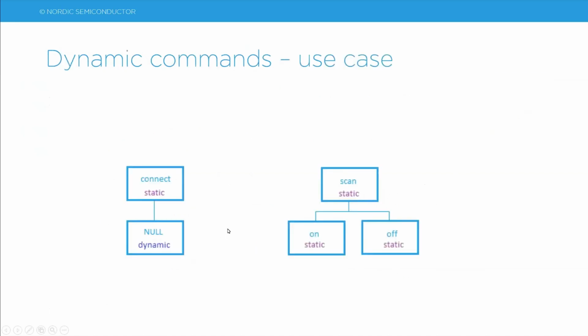Okay, and now maybe not a demo, but this is what we did in the past, demonstrating dynamic commands. Let's assume we have a Bluetooth device which can connect and bond with some other device. We implemented two root commands: connect, which has a subcommand that is right now not known, it's only null and it's dynamic, and scan, which has on and off subcommands.